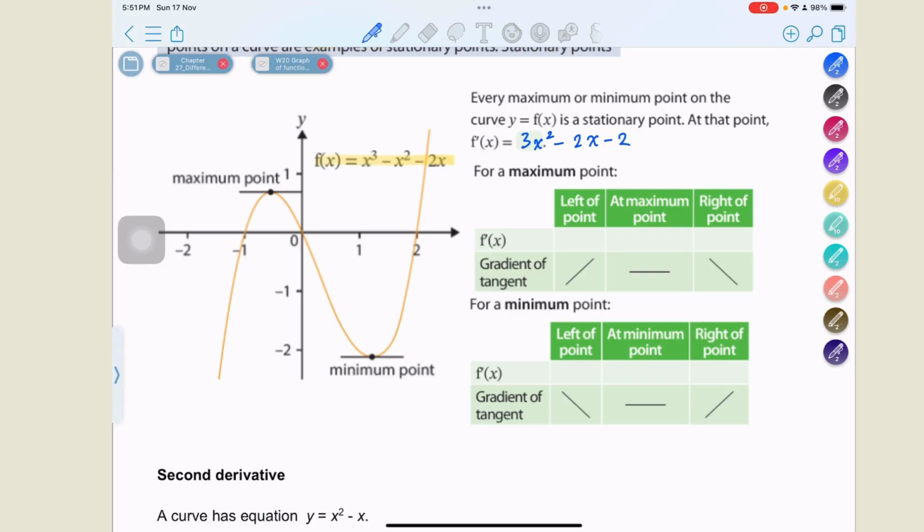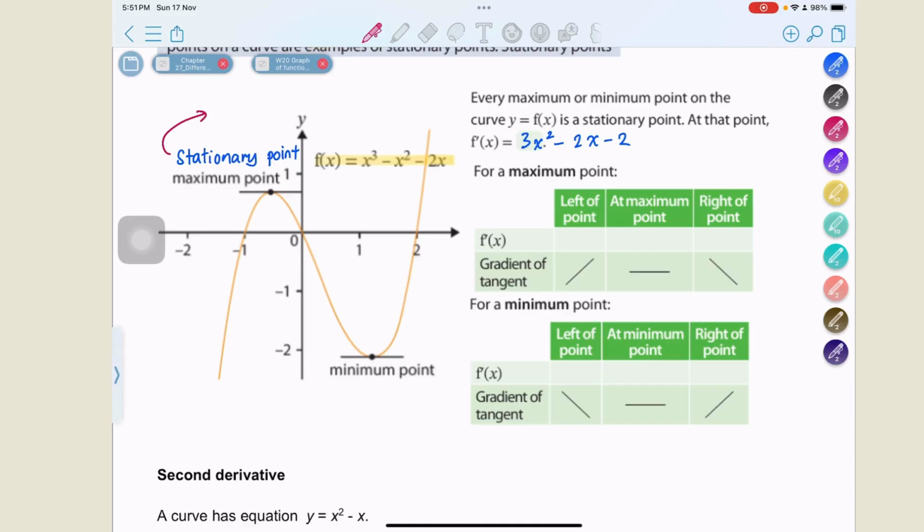Okay, once we have done this part, how do we determine the maximum point and minimum point? Because in this question, they will show you the maximum and minimum point. What if we don't have any graph? This maximum point and minimum point we also classify as stationary point. That means what is a stationary point?